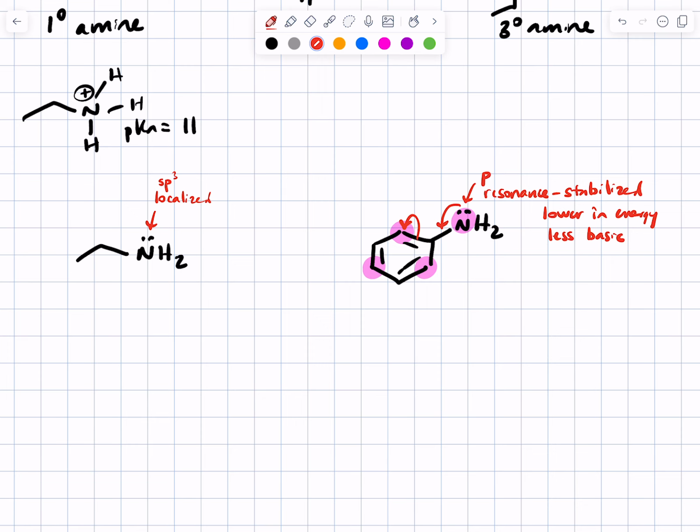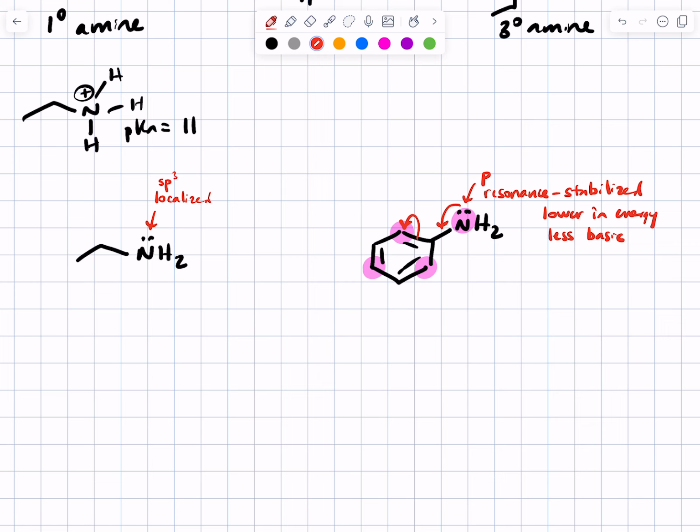And we're going to see in general that being a good base is pretty similar to being a good nucleophile. The difference is bases attack hydrogens, attack protons, nucleophiles attack carbons. But in general, what makes something a better base will also make it a better nucleophile. So a nitrogen that's less basic should also be less nucleophilic.